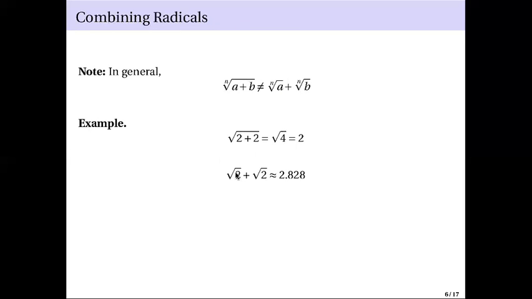We have the square root of 2 plus the square root of 2. If you use your calculator, this is approximately equal to 2.828. So these guys here are not equal. So equality does not hold in general.